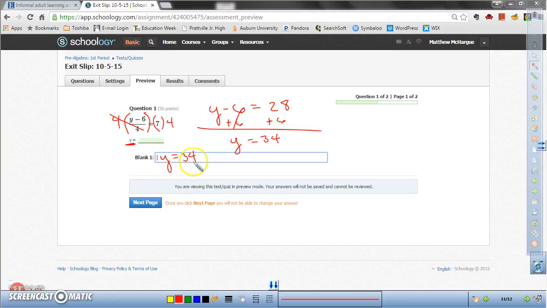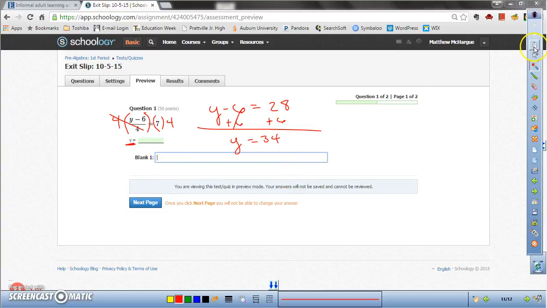Okay, that is correct, but the way that this is set up, 34 is the only correct answer that this system will take. All right, so if you put in y equals 34, then that's going to be incorrect. And each one of these will be set up that way, where I've already got the variable is equal to, and then you just put in the answer, whatever the number is.